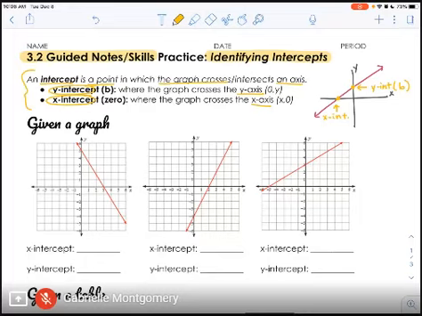However, the x-intercept also has a special name. Sometimes the x-intercept is referred to as the zero. So if you were asked to find the zero, all it's asking for is the x-intercept value.